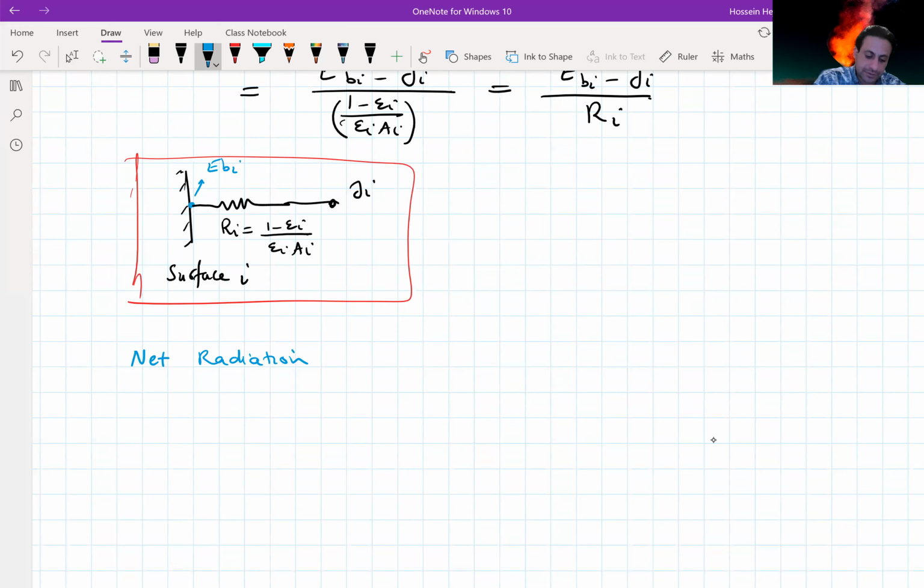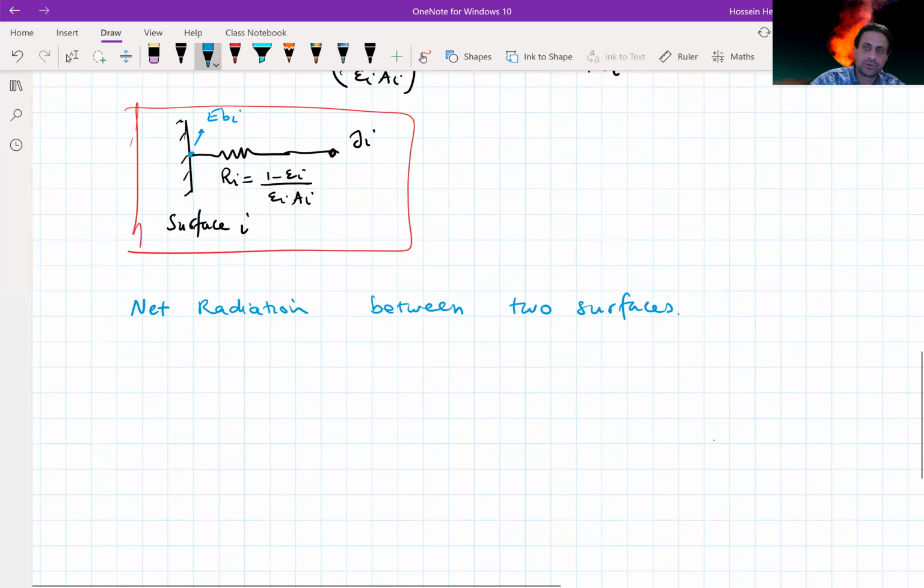The same thing now, we can look at the net radiation heat transfer between two gray surfaces. Now let's say we have two gray surfaces.